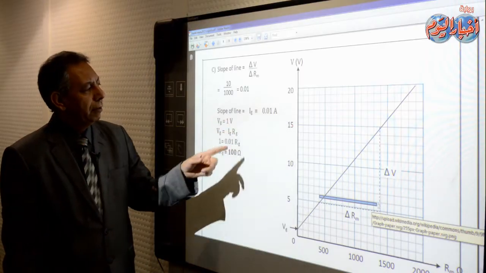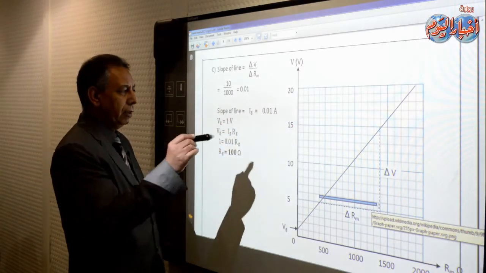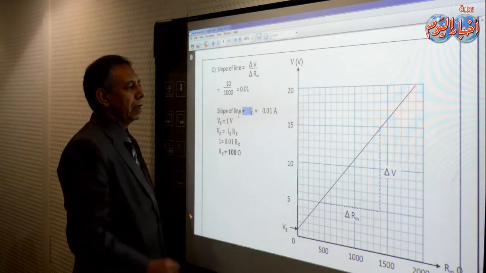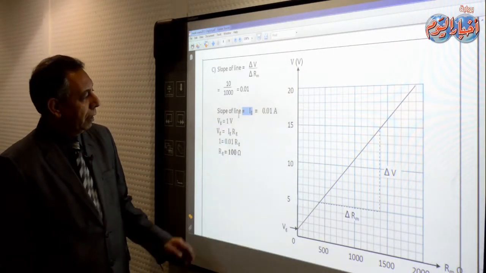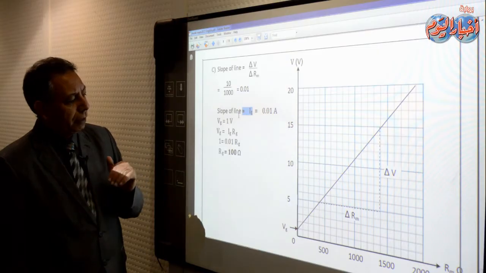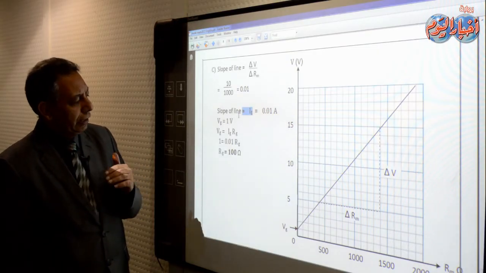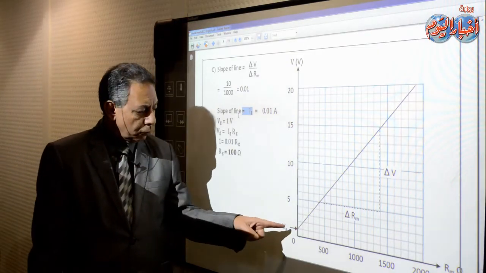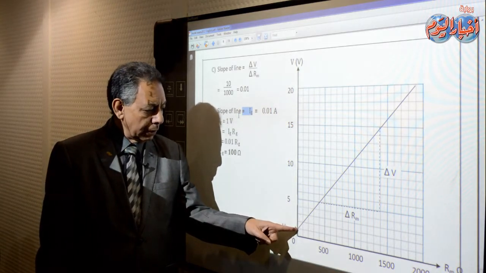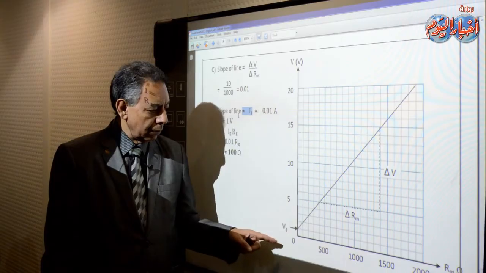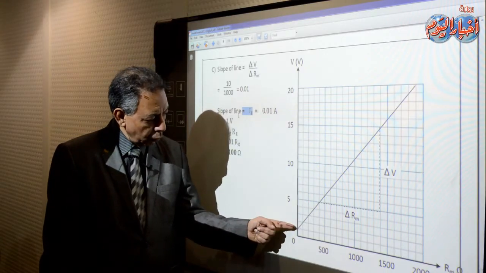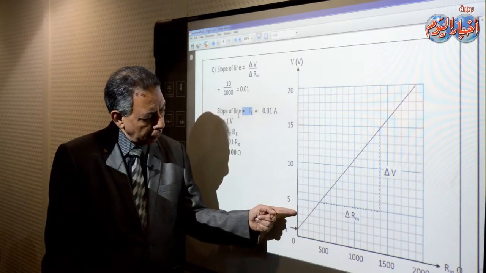That slope of line equals Ig. By the way, Ig is the slope of the line, so it equals 0.01. To find Rg, the galvanometer resistance, you have to know this point. The line doesn't intersect the y-axis at 0. There is a value, that is 1 volt, because 1, 2, 3, 4, 5.